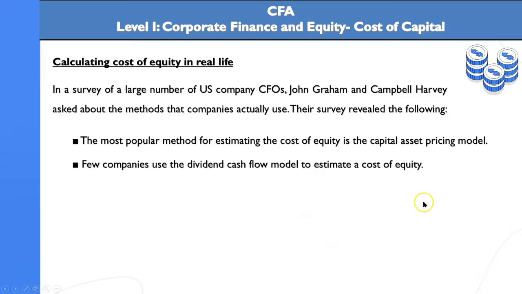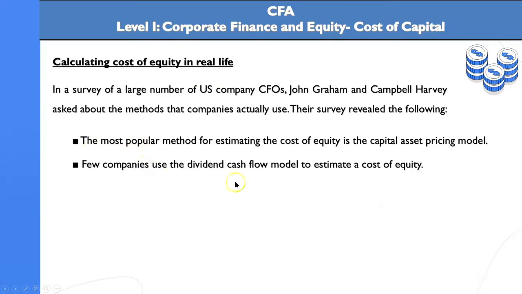That will give the price. So we can rearrange the formula and get the cost of equity by dividing the dividend payment made by the company by the price of that company's shares. In this way we get the cost of equity.